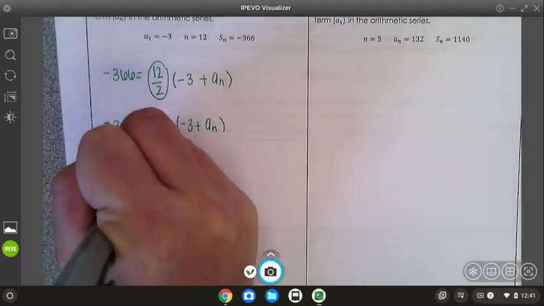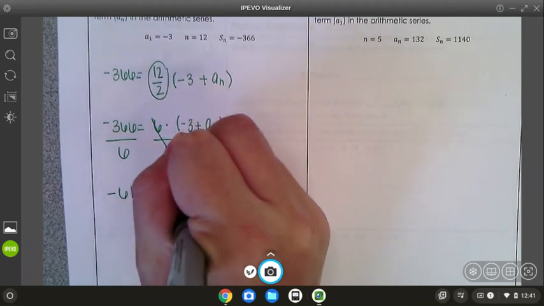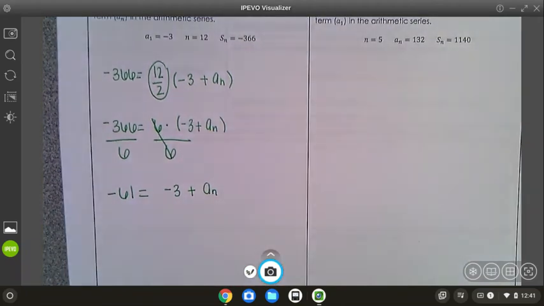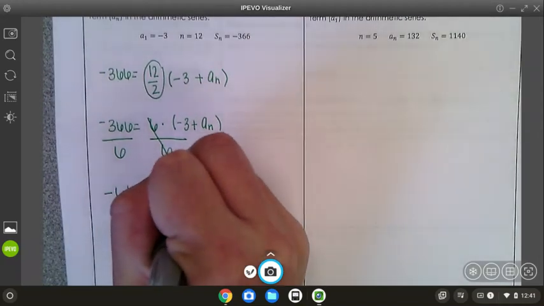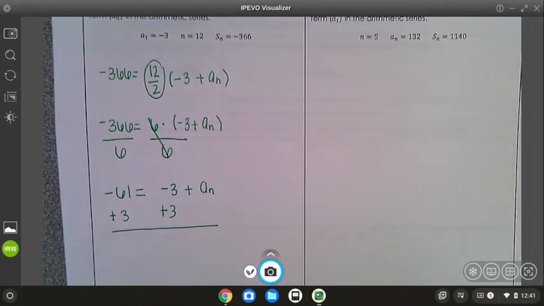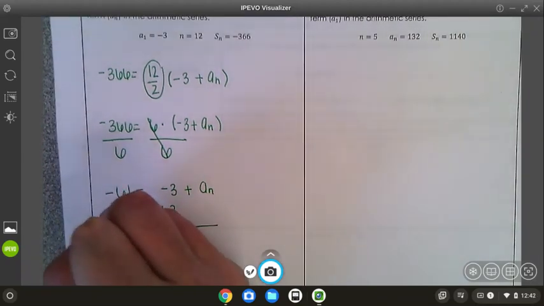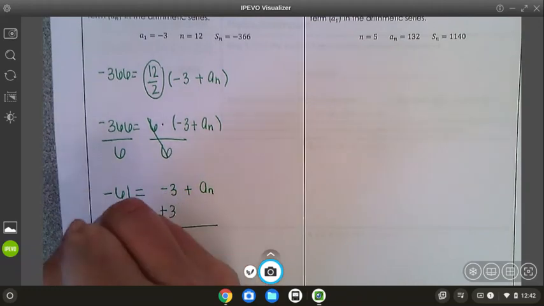And we get negative 61 equals negative 3 plus an. And then to get an by itself, I need to add 3 to both sides. And that gives us negative 58 equals an.